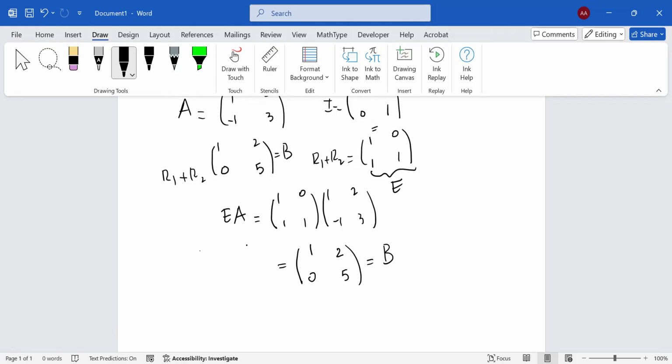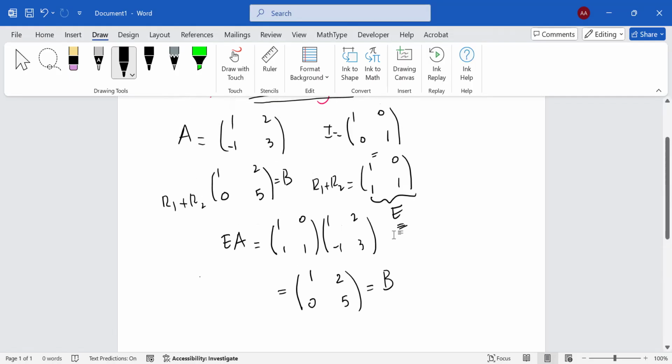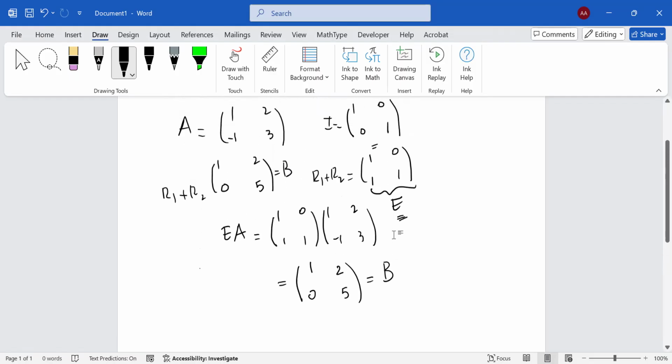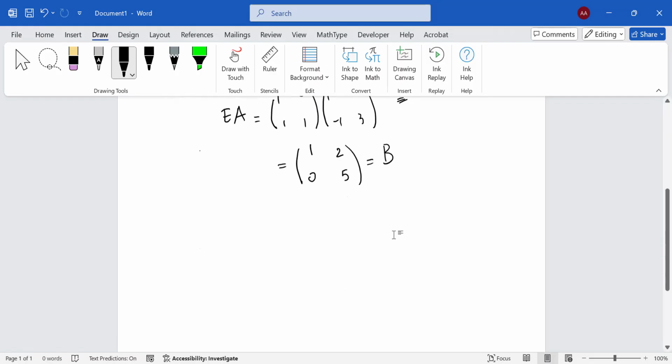So, which means if you do a row operation on a matrix A, you get another matrix B. You can obtain that matrix B by multiplying A with an elementary matrix, obtained by doing the same row operation on the identity. All right? And we're going to use that to do what you want.